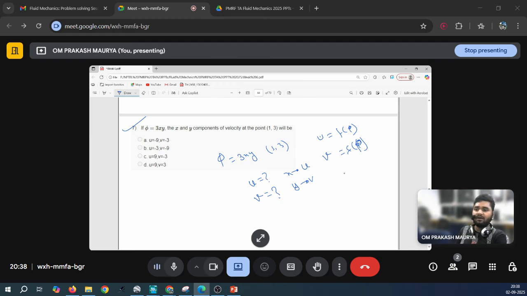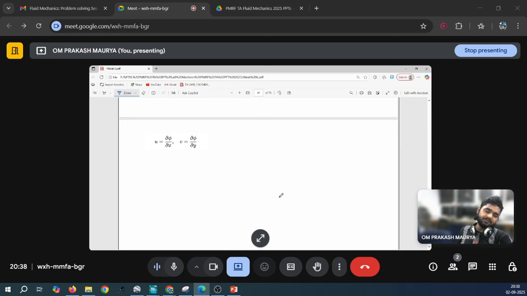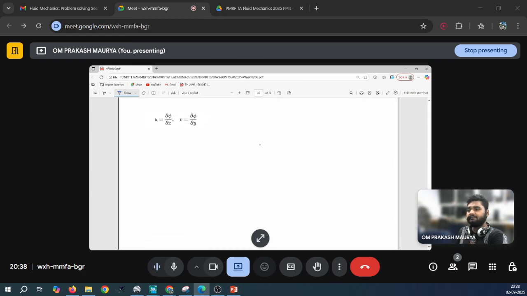Once you understand these things, you can very easily find out u and v as functions of phi. So here phi is equal to 3xy.